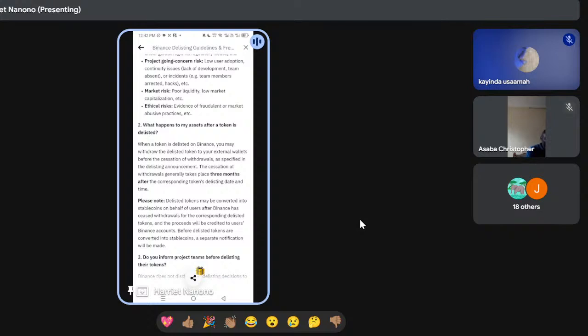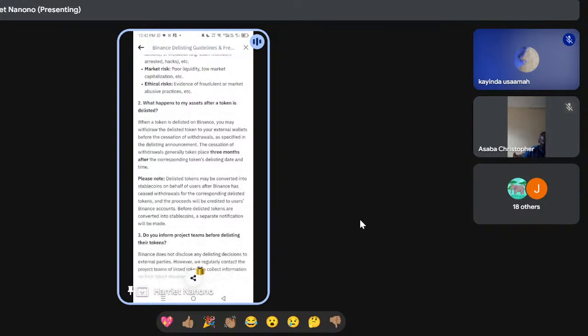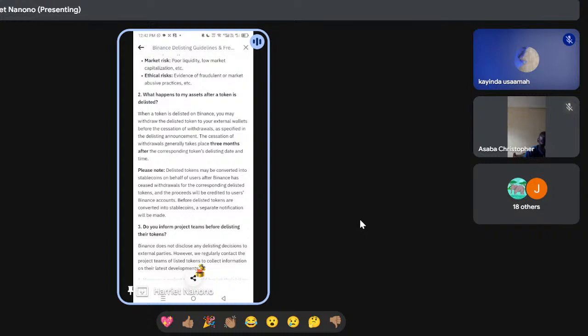After 3 months, if you have not converted or sold off your token to USDT or to another token, please note, delisted tokens may be converted into stablecoins on behalf of users after Binance has ceased the withdrawals from the corresponding delisted tokens.